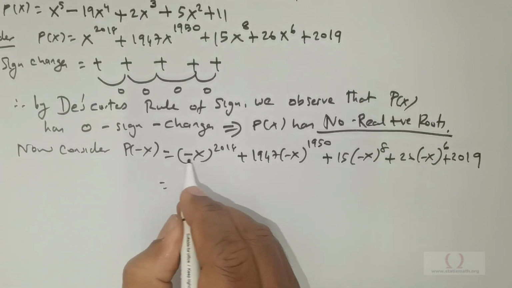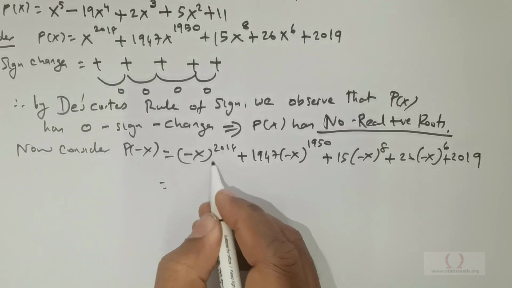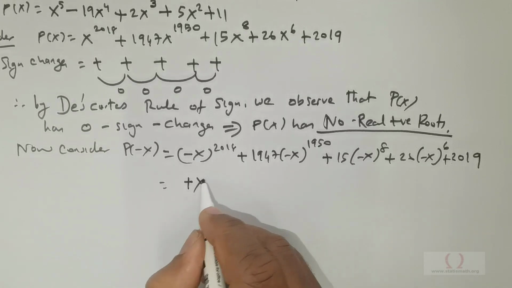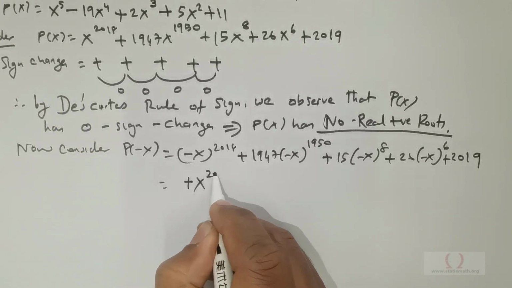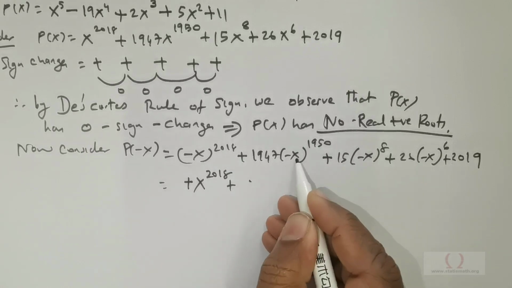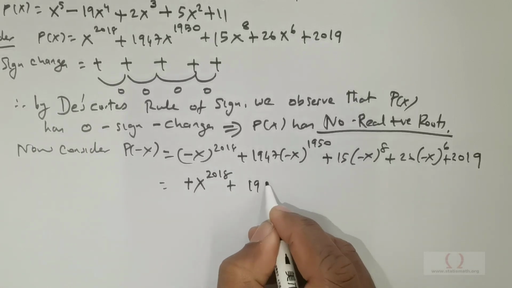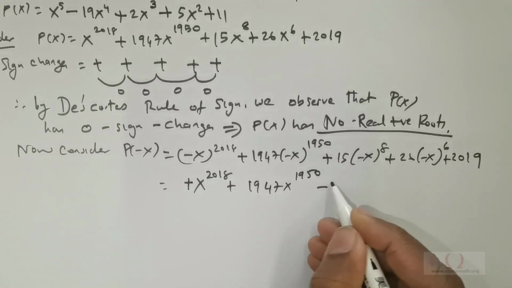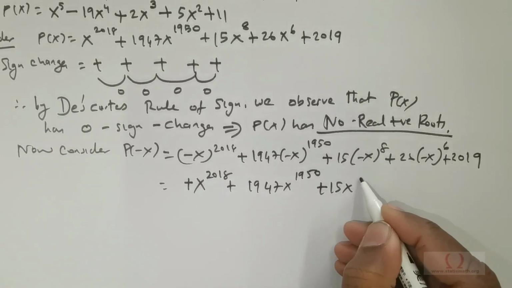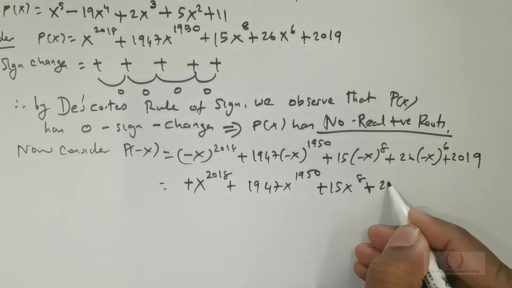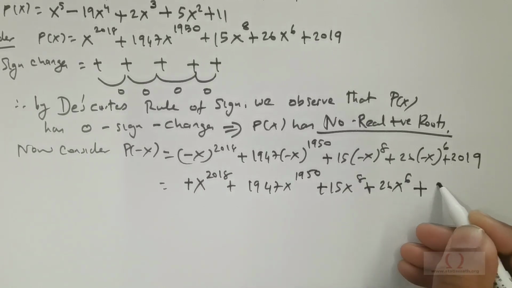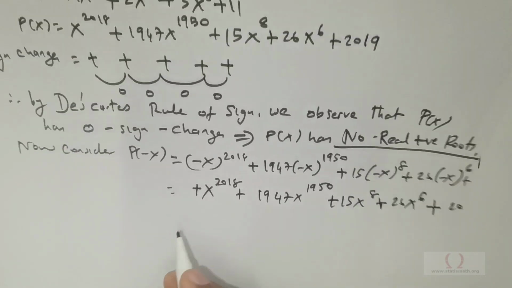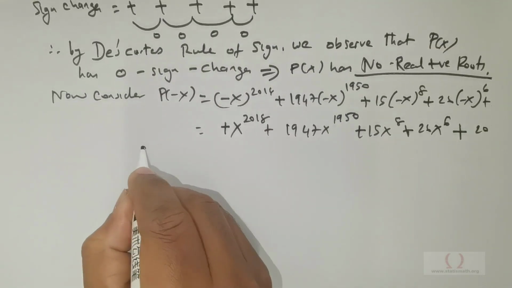So a negative term raised to the power of an even quantity will result in a positive sign. So that's going to be plus x raised to the power 2018. Similarly, 947 x raised to the power 1950, positive 15 x raised to the power 8, positive 26 x raised to the power 6, positive 2019.